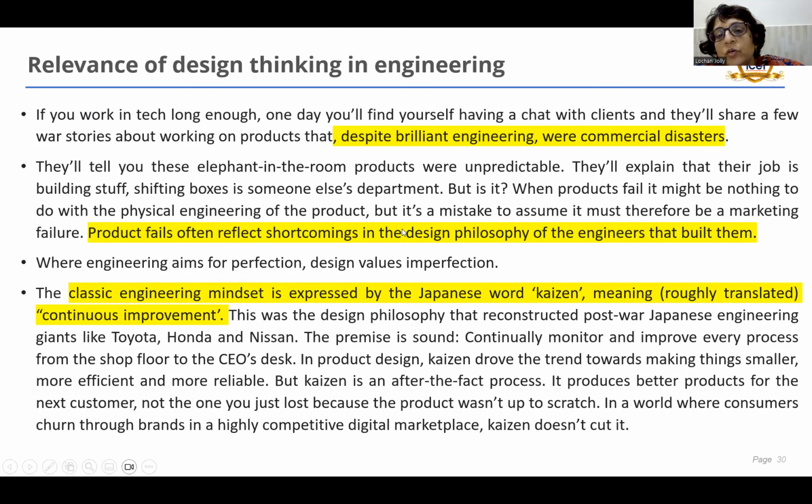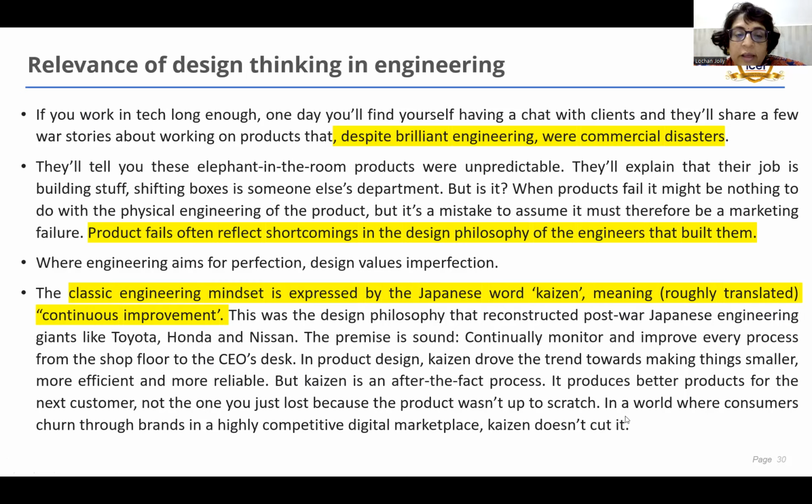So we have to see how design philosophy helps us convert our idea into an innovation. Design thinking, as an iterative process, looks into what's working and what's not working, with continuous improvement. That helps you survive in the market also.